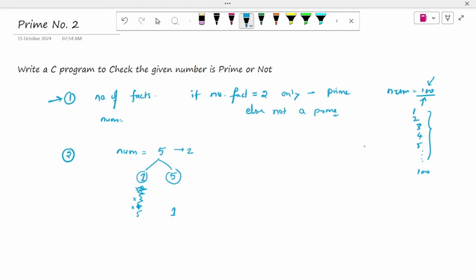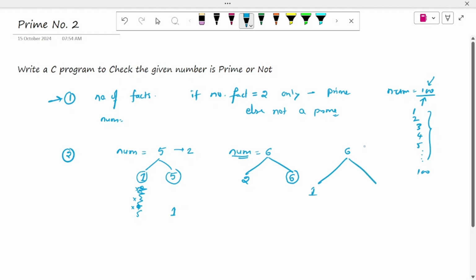But now what we are going to do, let's take num is equal to 6. We are going to check from 2 if it is divisible by any other number, excluding 6, then I can consider that this number is not a prime. For example, 6 is already having 1 and 6 as the factors.